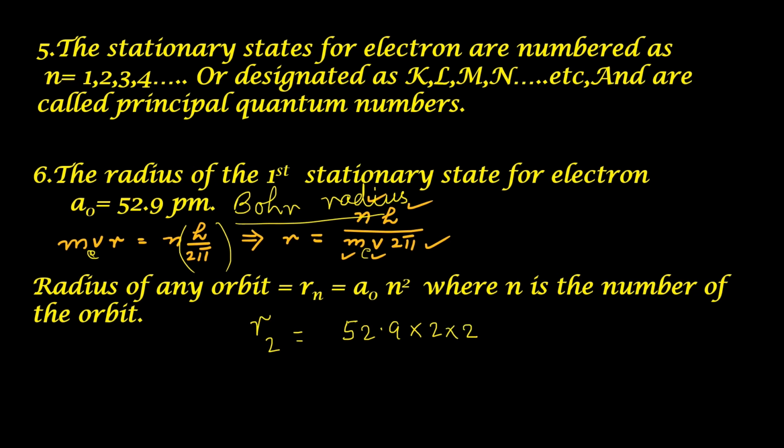That means it is equal to 52.9 into 4. For the third orbit, it becomes 52.9 into 3 into 3 and so on. The magnitude of the radius goes on increasing by several times with increase in the number of the orbit.